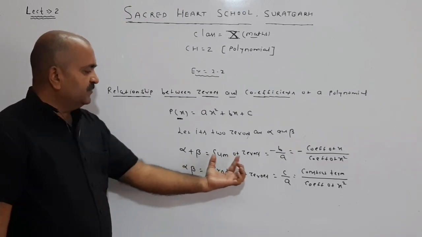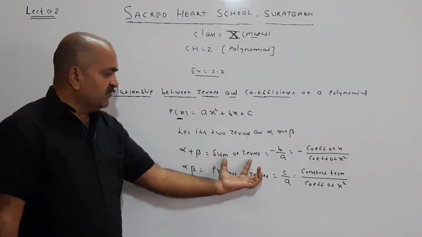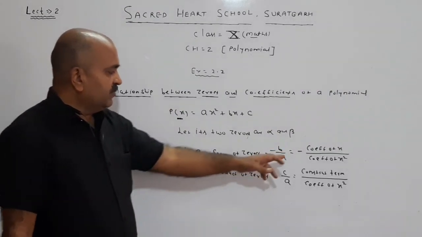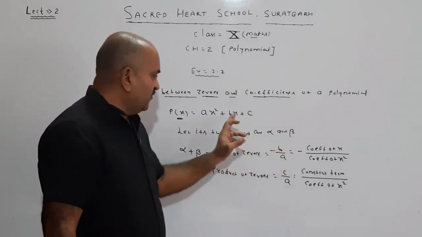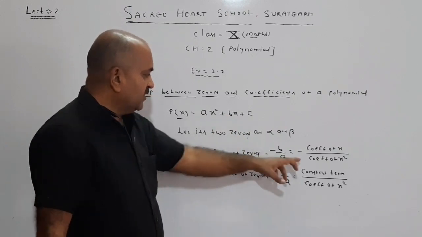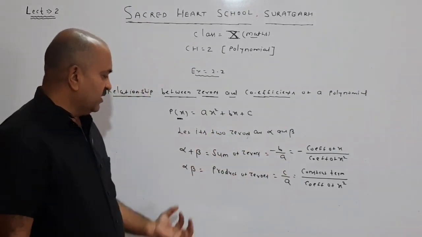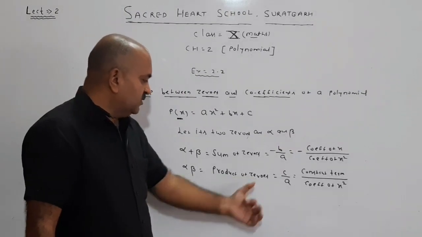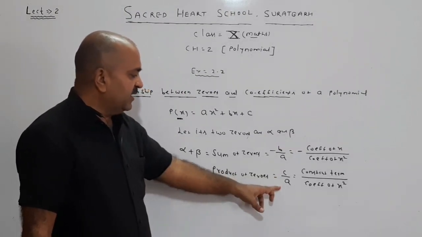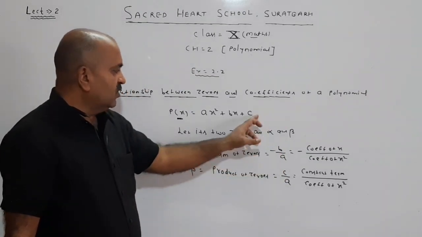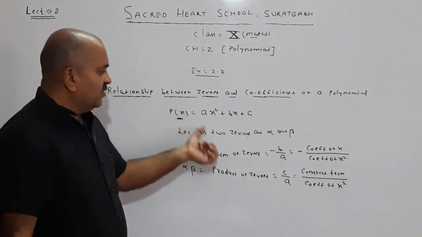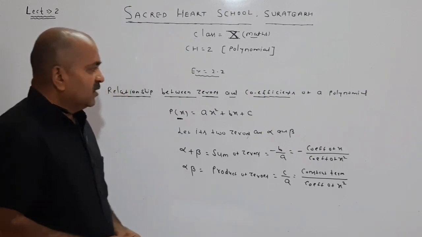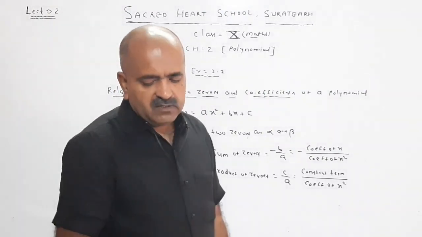Then alpha plus beta equals sum of zeros, it means minus b by a, where b means coefficient of x and a means coefficient of x square. And alpha beta is the product of zeros, it means c by a, c means constant term and a means coefficient of x square. Now students, complete this concept.